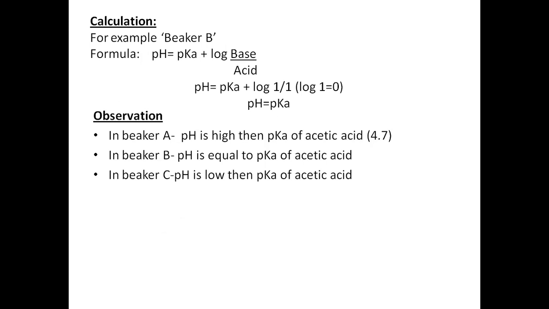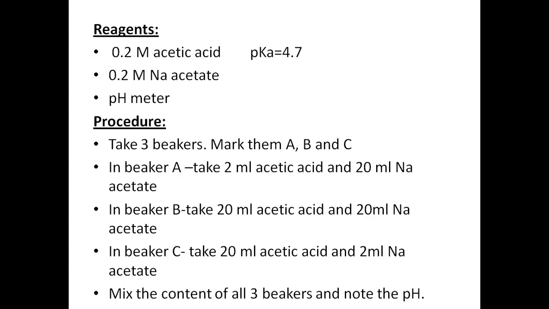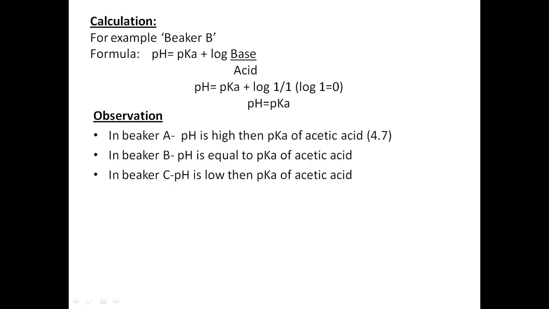So coming towards the calculation, for example, for beaker B, since we take equal amounts or equal concentrations of acetic acid and sodium acetate, there is an equal ratio of these both. So the formula for this would be pH is equal to pKa plus log base upon acid. Base and acid were both in an equal ratio, so we're going to put 1 over 1 here, and log 1 is equal to 0.